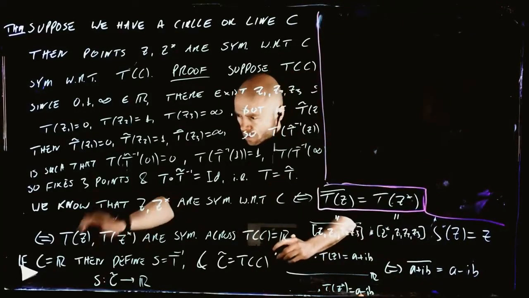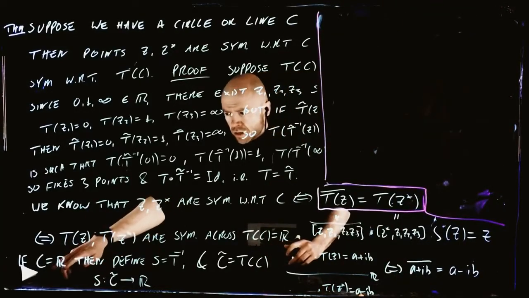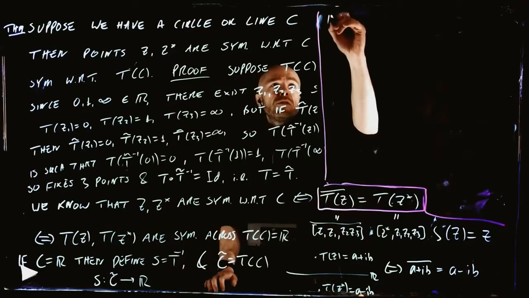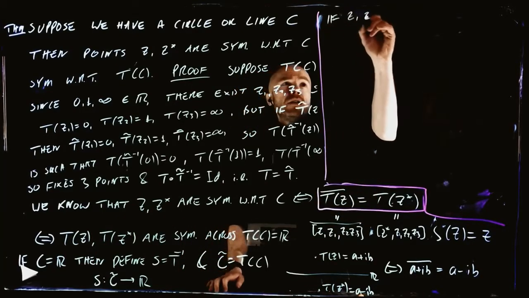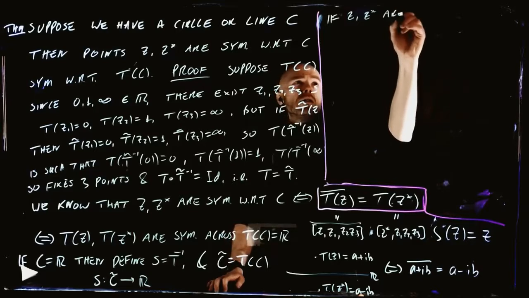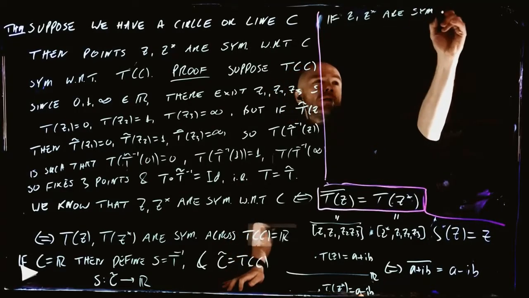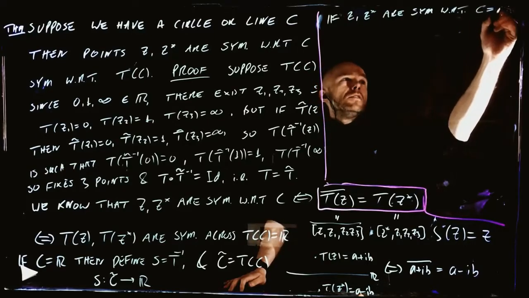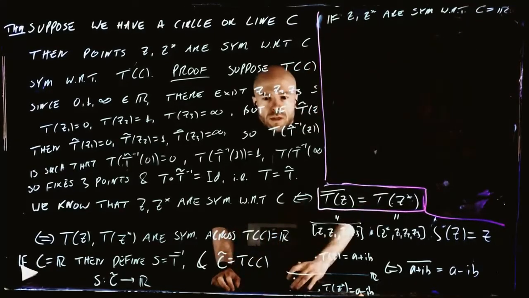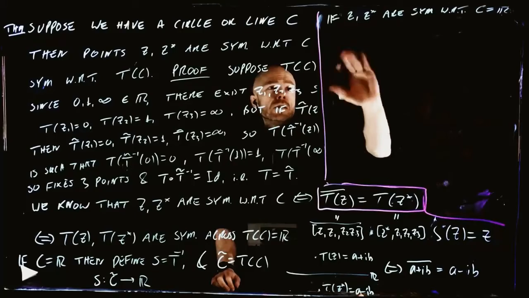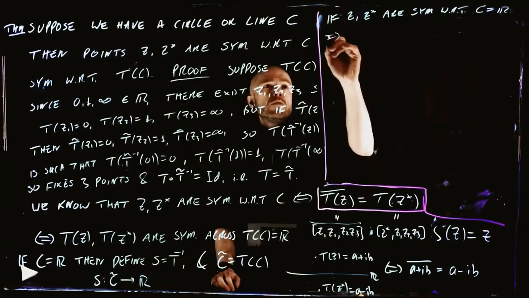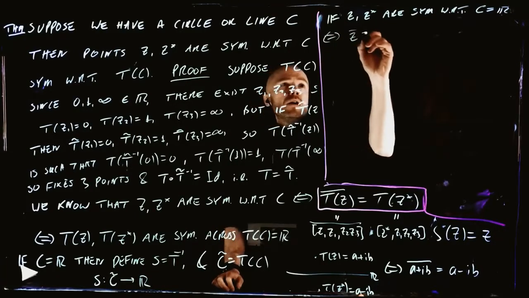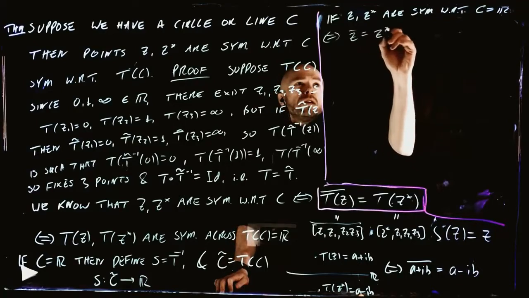So if we have that C is this thing, and if Z and Z star are symmetrical with respect to C, which is R, then this is equivalent to saying that Z bar is equal to this thing, like this.